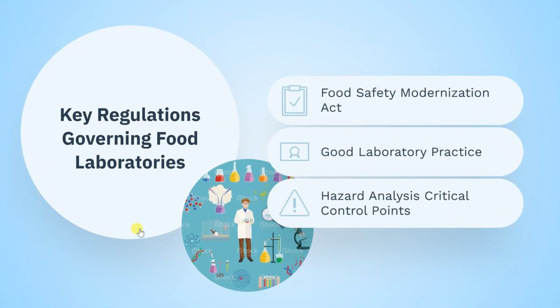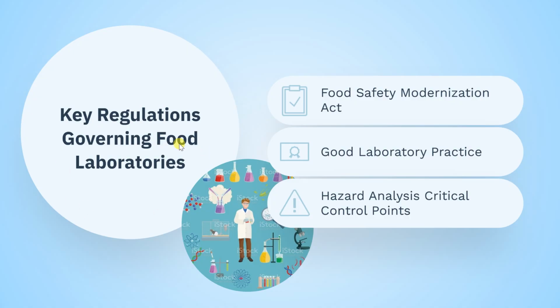Some of the key regulations that govern food laboratories, and that are also in line with the standard, include the Food Safety Modernization Act, which is also well adopted. And we also have to remember good laboratory practices, and hazard analysis and critical control points like HACCP. It is also incorporated once we adopt this standard.